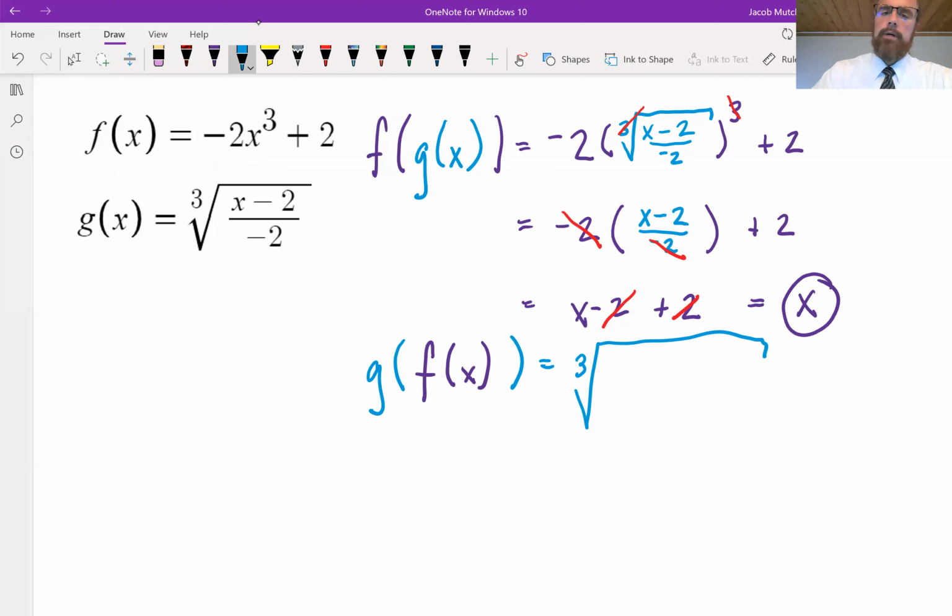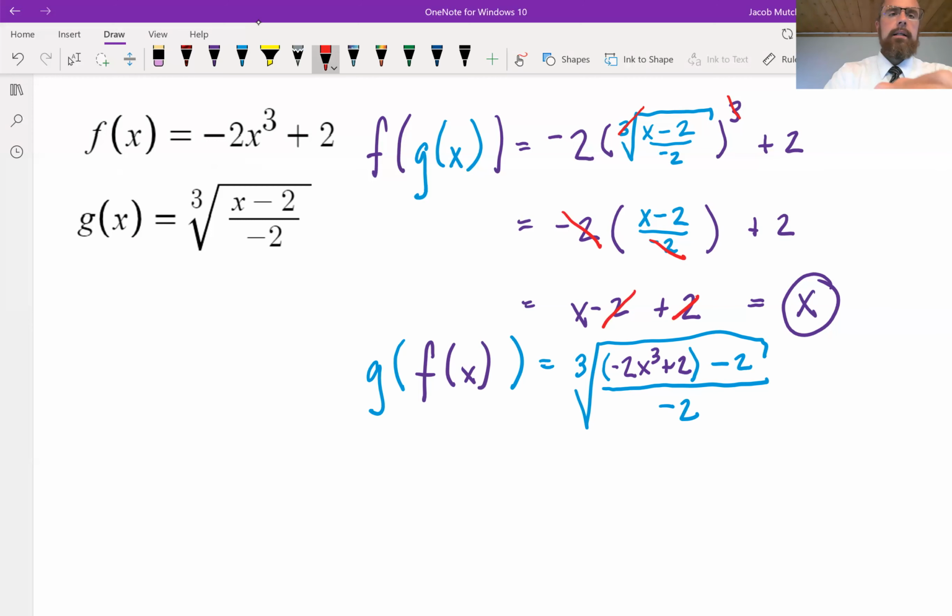So I'm going to write the radical large because at this time, when I write x, I'm going to leave a gap. Minus 2 over negative 2. And within the gap, I need to compose the entire range of f. That's going to be negative 2x cubed plus 2. And that composition's complete. I just need to simplify.